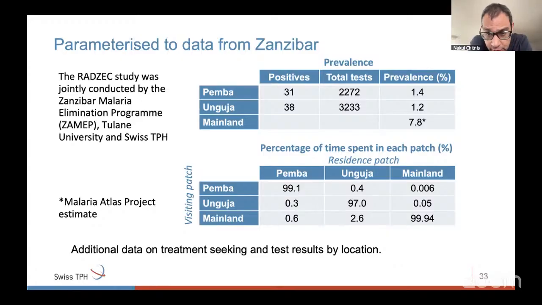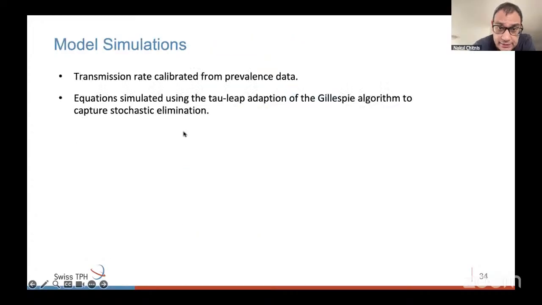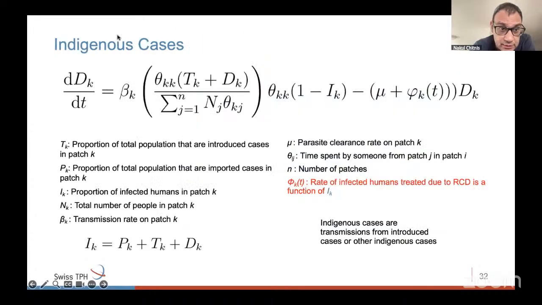How much was on their home island, how much was on the other Zanzibari island, and how much was on the mainland. We also had some data from the mainland, so from this we could parameterize how much time people were spending everywhere. And then we used the prevalence data to fit the transmission rate. So it's really these transmission rates, beta, that we fit from the prevalence data.